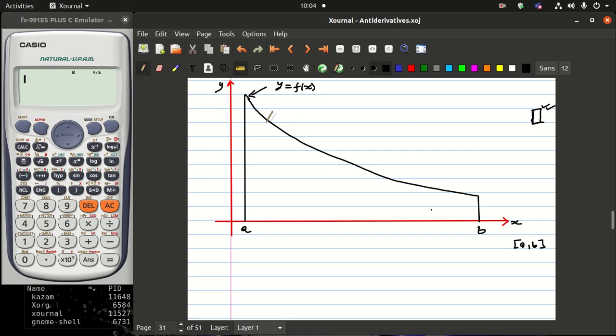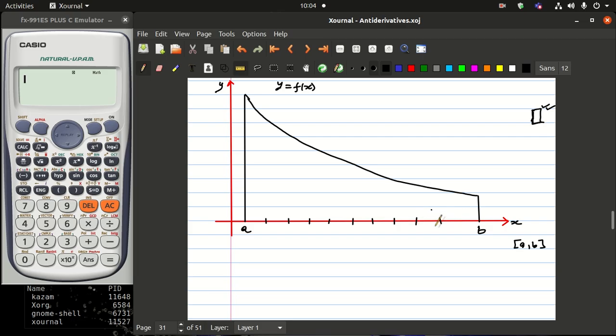Of course, I'm drawing this by hand, so it's not going to be equal, but I hope you will be able to get what I'm trying to do here. So the first thing, you divide this into equal intervals.